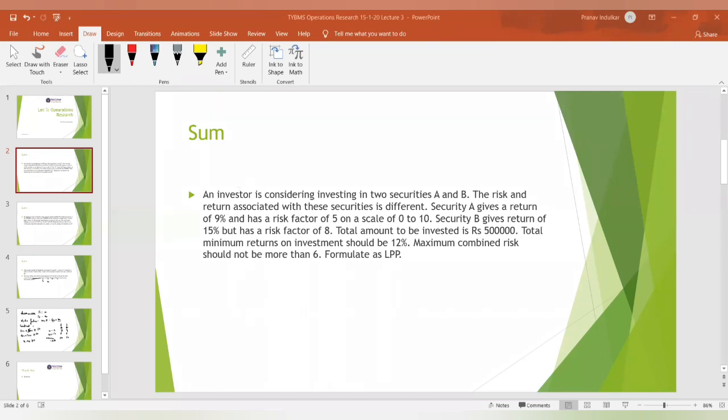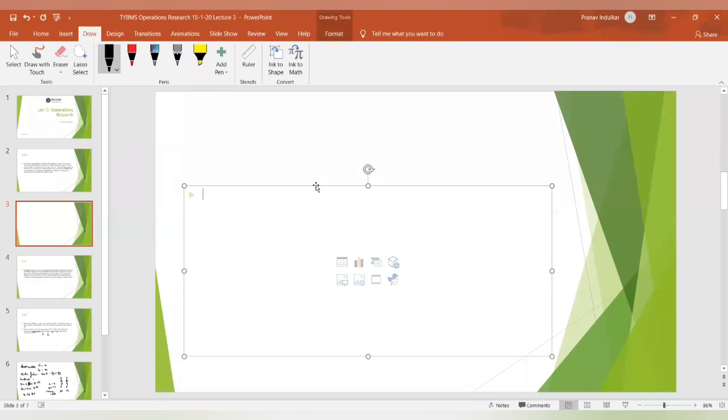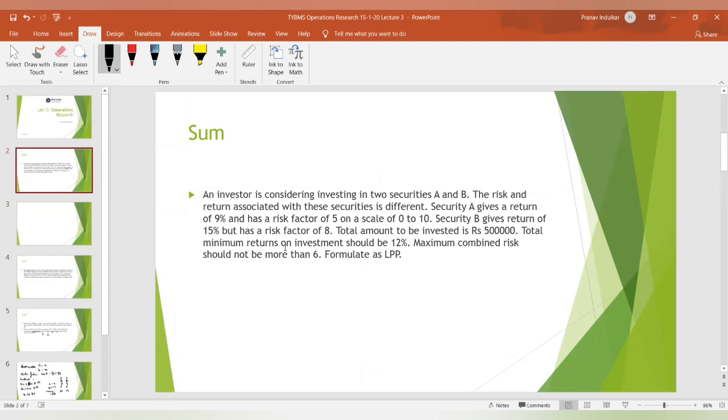Tell me the decision variables. A and B. Good.